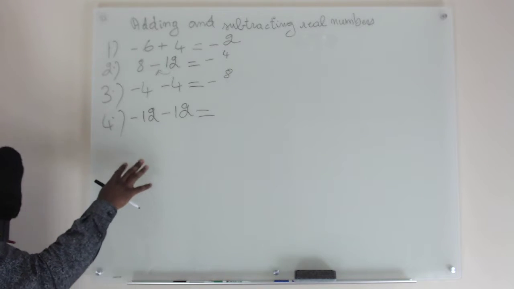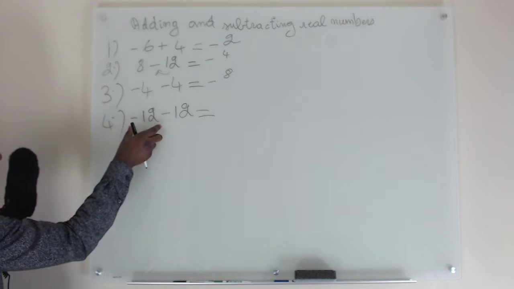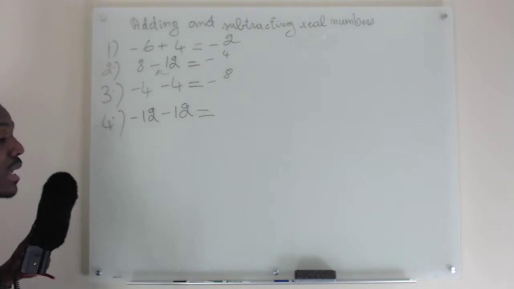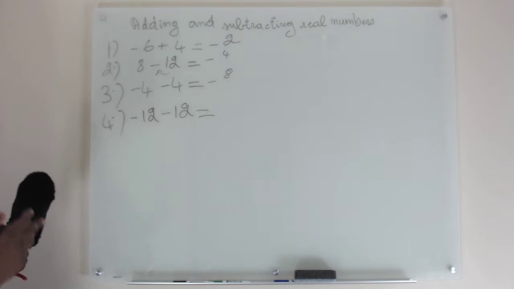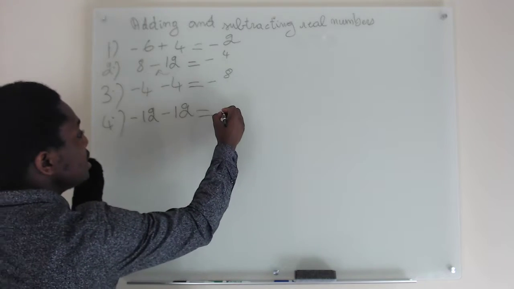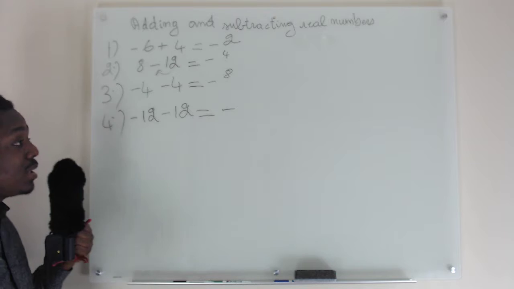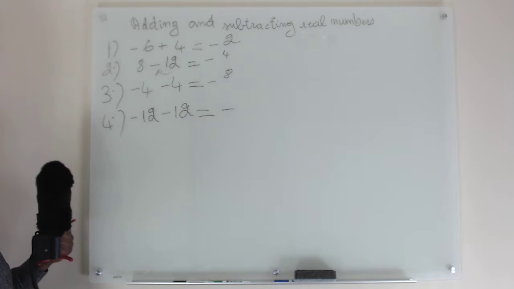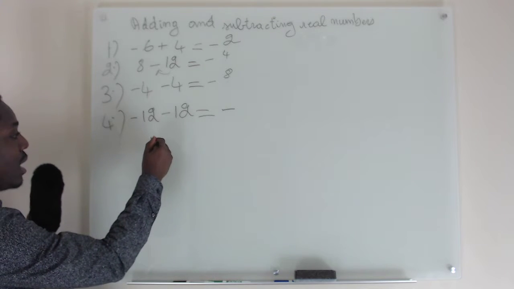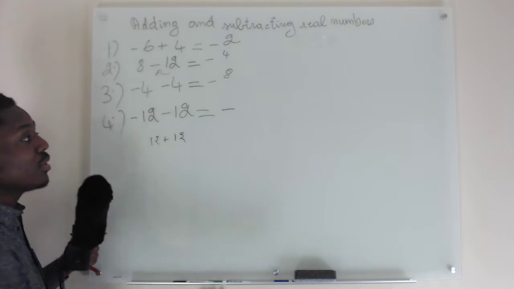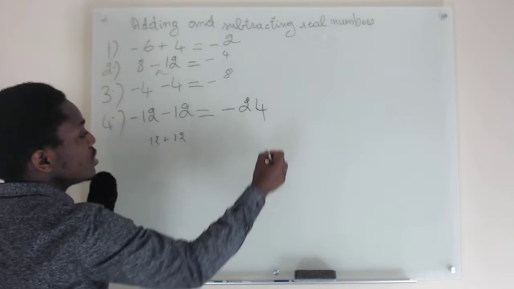This is our first number, this is our second number. Since these two numbers have the same exact sign, you have to keep the sign. Then the second thing you have to do is add them. What is 12 plus 12? 24. So you put here 24.